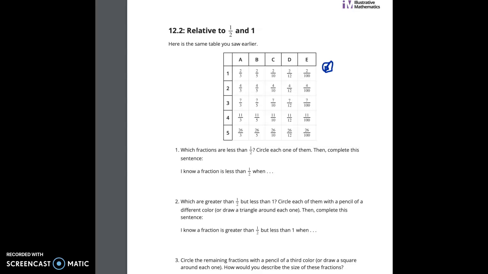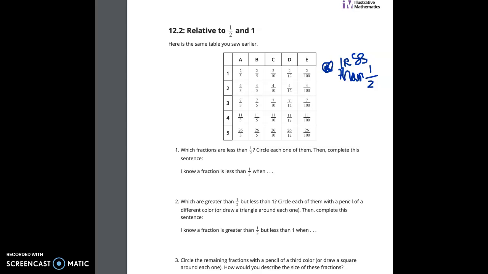So the ones that you color in that are less than 1/2, you could say less than one-half.